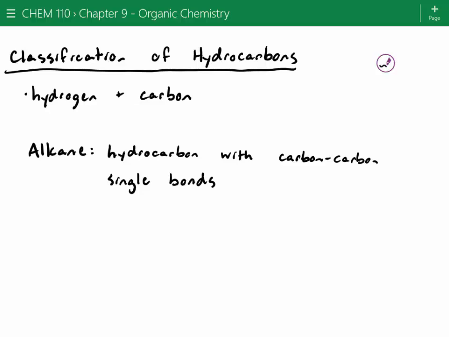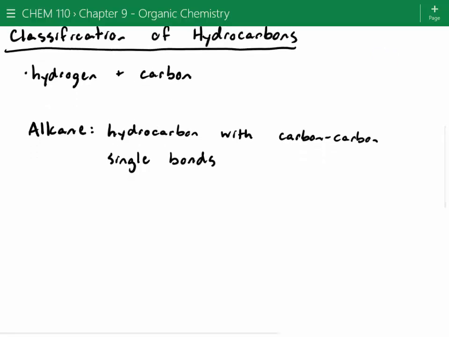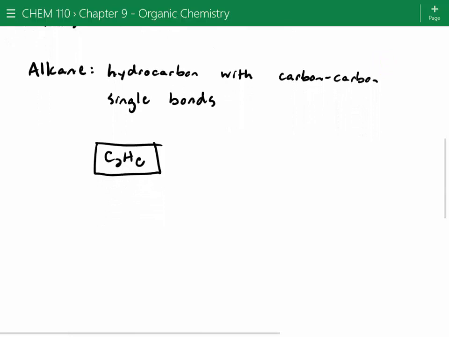So let's take a look at an alkane. And what I want you guys to do is to help me with the Lewis dot structure here. So what I've got is C2H6. There we go. So let's try doing the Lewis dot structure for this alkane.